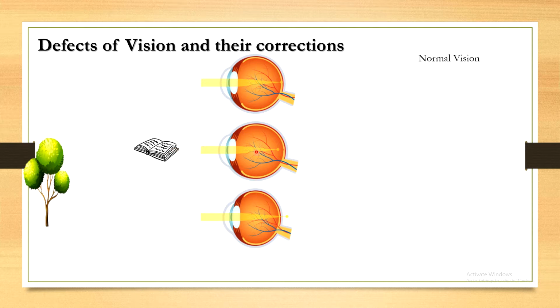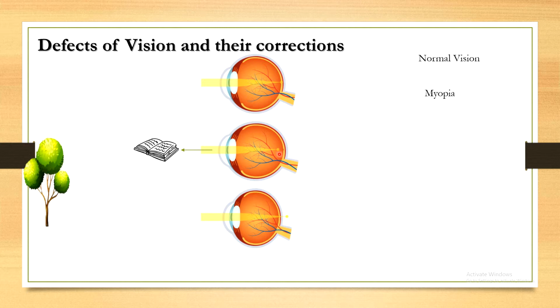So this defect is called myopia. Myopia means nearsightedness. Nearsightedness means this eye can clearly see the objects which are near, that means nearby objects are clearly visible.